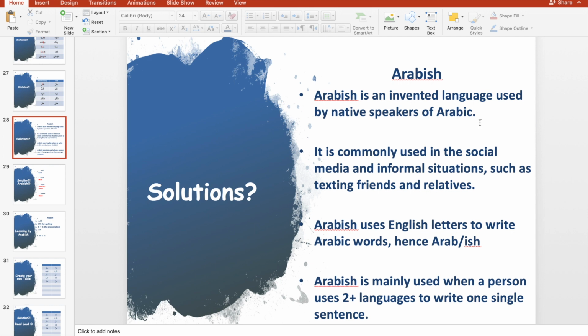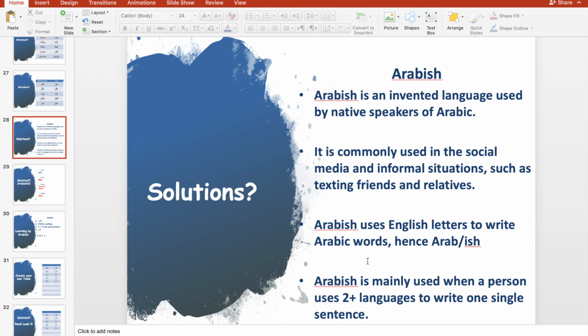It is used in social media and informal situations such as sending a text message to a friend or a relative. Arabizi uses English letters to write Arabic words, hence Arabizi. Arabizi is mainly used when a person uses two or more languages to write one single sentence.